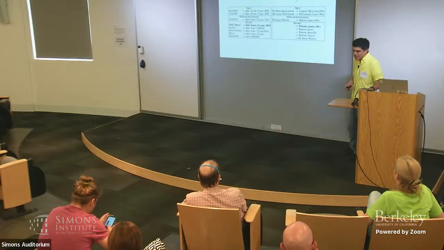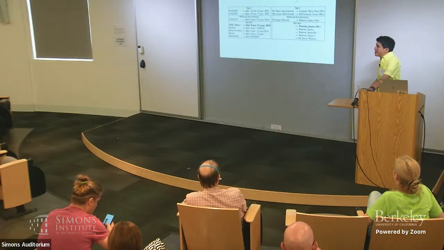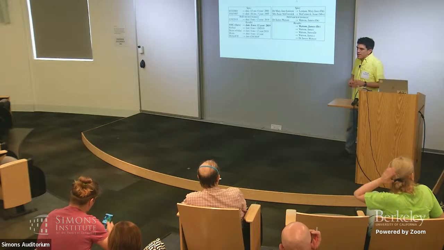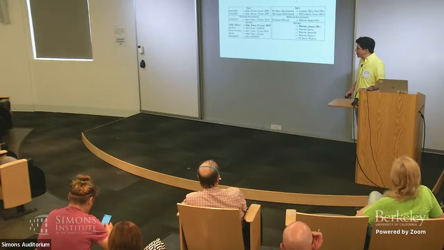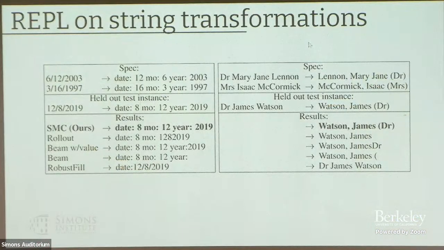You get this additional information. And there is a lot of follow-up work in this space that combines large language models with this kind of approach in order to get quite good results.